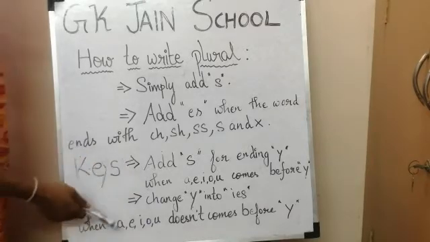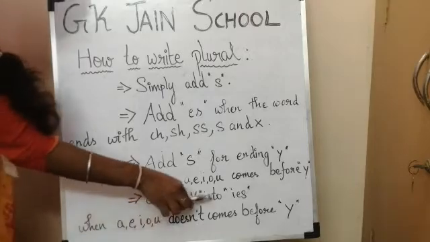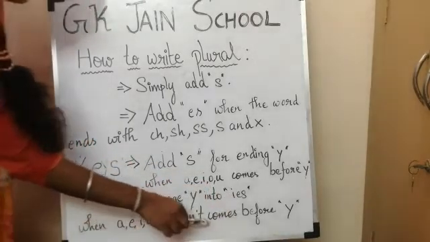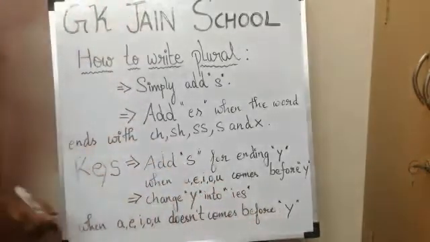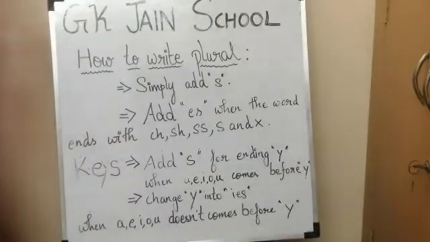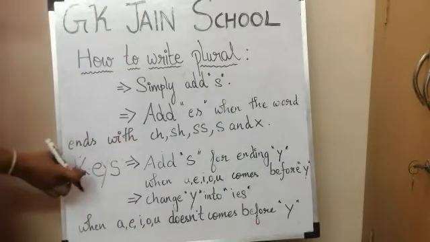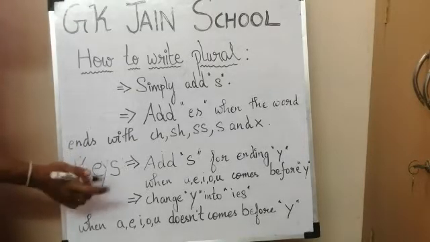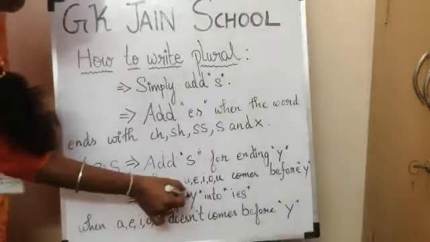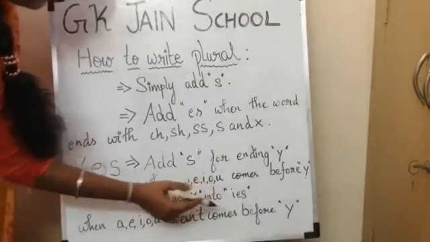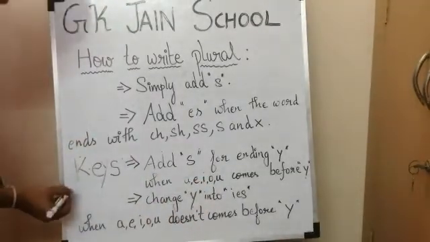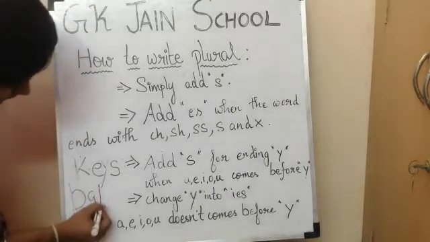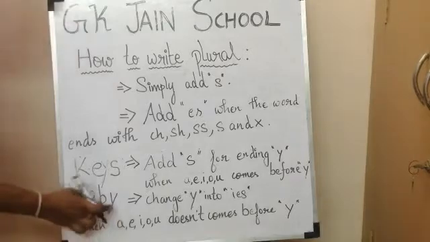Next instruction. Change y into ies when a-e-i-o-u doesn't come before y. When the word ends with y but it doesn't have any vowel before it, then you should change y into ies. For example, baby.